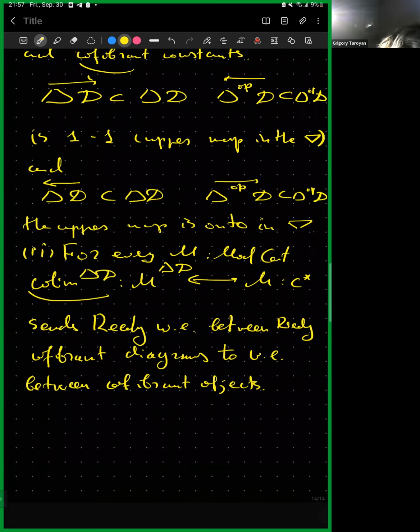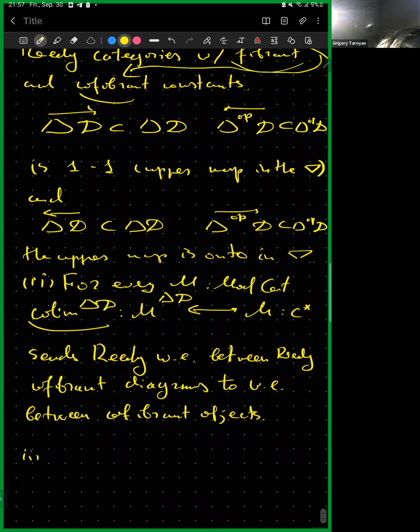Moreover, one sees that given a functor between small categories U, we obtain an equivalent adjunction.